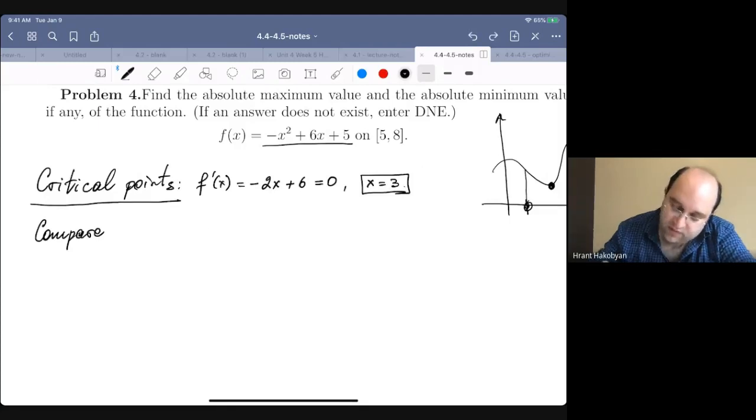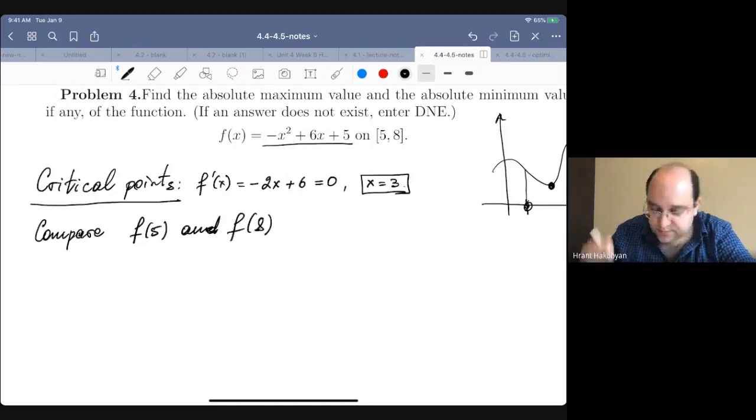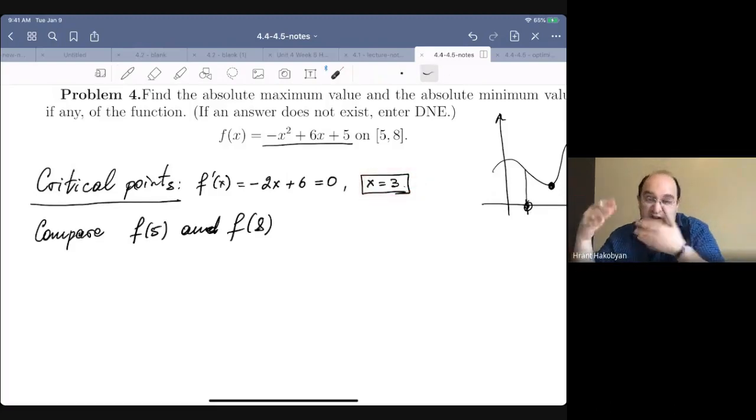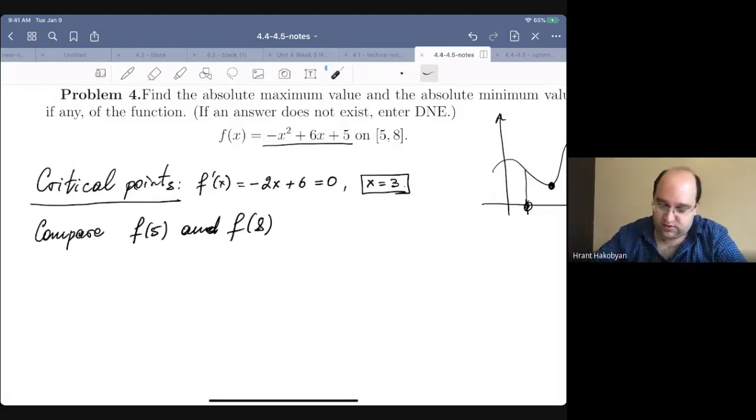Compare the values of f at the points f at 5 and f at 8. Now, if there was a critical point between 5 and 8, I would also compare that, but I don't have to do it in this example. In the next example, I'm going to do that, but in this one, I don't.